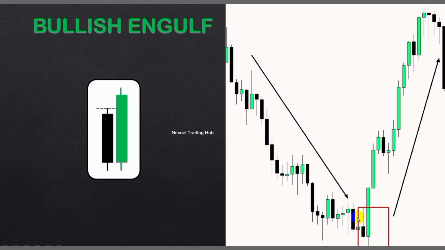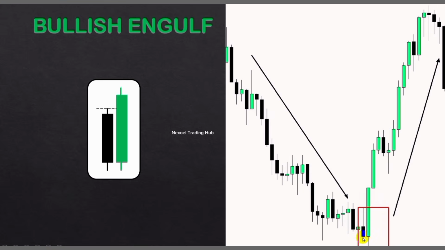Now here we have price created a bullish engulf candle, giving us a sign of reversal, that the market is no longer going to the downside. The sellers are no longer dominating the market, because you can see that this candle did not move to the downside where the body of this candle will close below the low and below the close of this bearish candle. Rather, we had that movement to the downside, but it is just a wick.